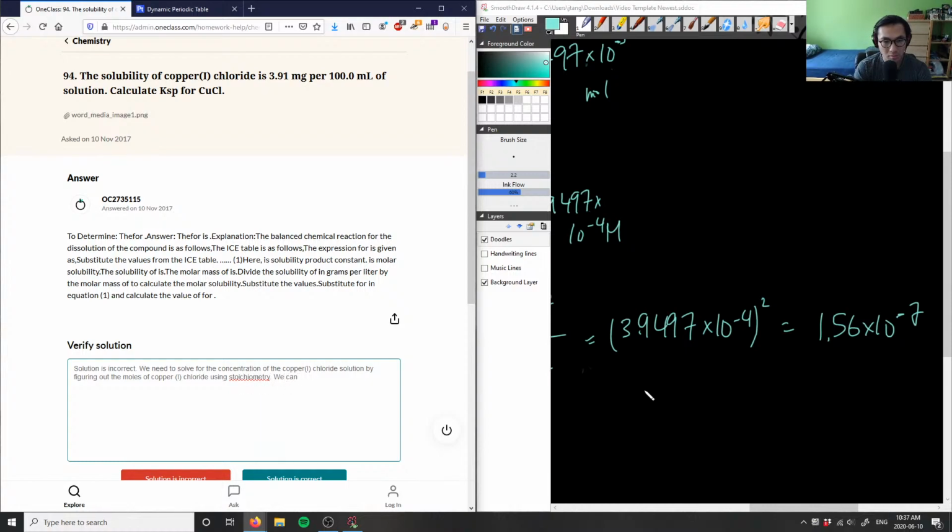Okay, and then we're able to figure out the concentration of copper and chlorine in solution, and relate it to the concentration of copper chloride.